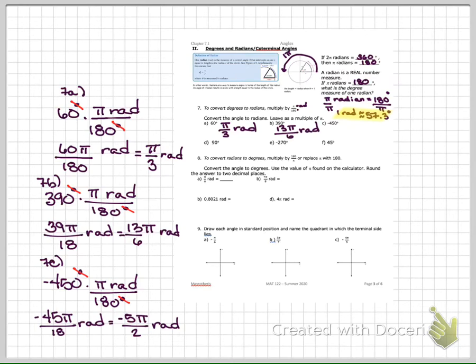And negative 450, we had negative 5 pi over 2 radians. Okay. So let's see if we can go, we're just going to go a page over.